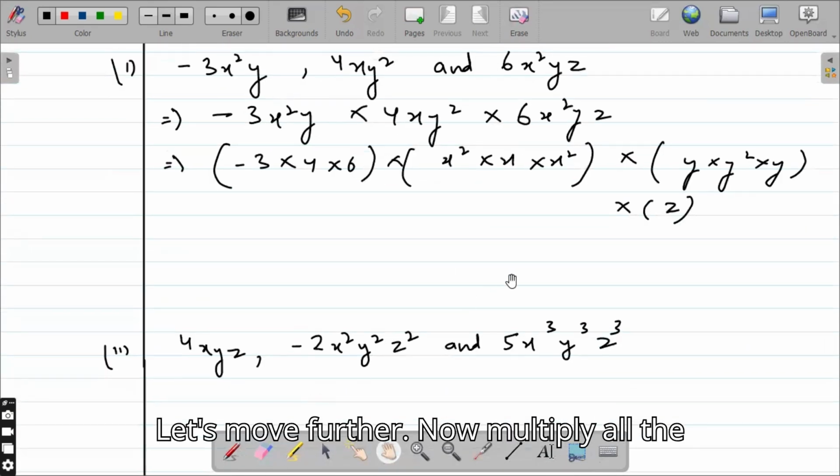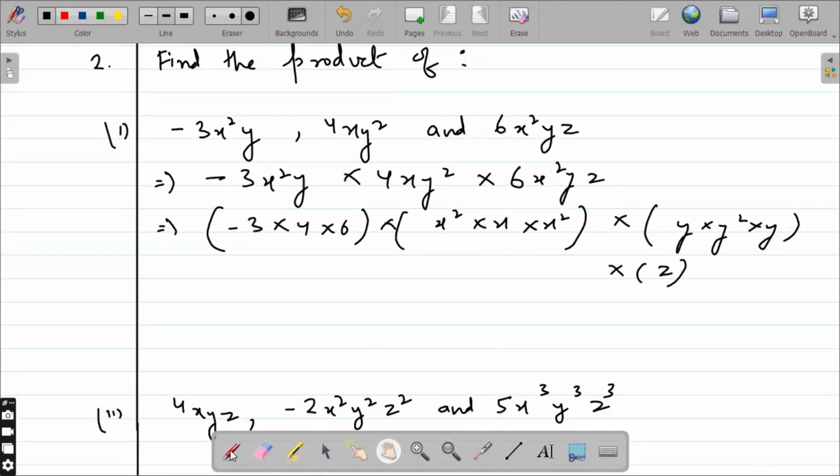Let's move further. Now multiply all the things. So minus 3 into 4 is 12, and 12 into 6 is minus 72. Here x 2 plus 1 plus 2 into y 1 plus 2 plus 1 into z.